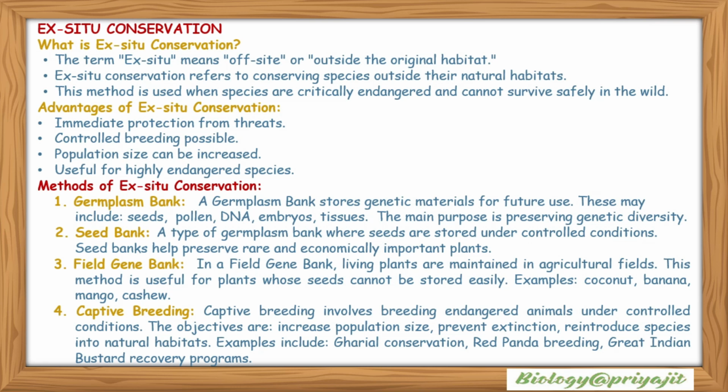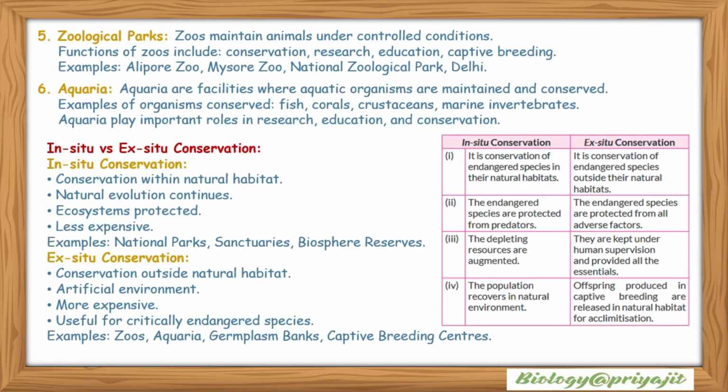Captive breeding. Captive breeding involves breeding endangered animals under controlled conditions. The objectives are: increase population size, prevent extinction, reintroduce species into natural habitats. Examples include gharial conservation, red panda breeding, great Indian bustard recovery programs. Zoological parks. Zoos maintain animals under controlled conditions.